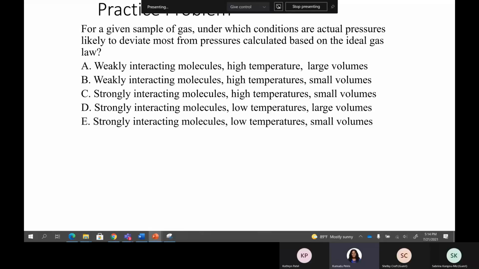Due to these interacting forces, the pressure will be lowered because the molecules will stay close and don't go and hit the walls. So when the attractions are strong, the real gas will deviate most from the ideal gas conditions. So, strong attractions.